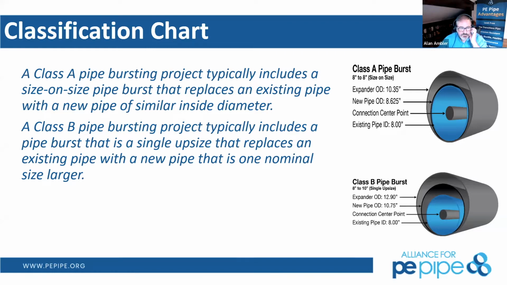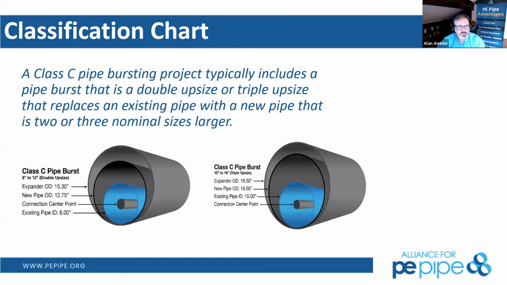Here is another look at a Class C pipe burst. So that could be 10-inch to 16-inch, which is a triple upsize. And as we get deeper, the force required to displace that soil column on top gets larger, but we may very well be able to absorb all of that potential for heave within the soil column.